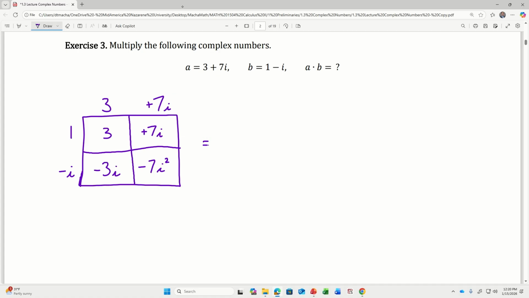And to find the total area of the rectangle, I'm going to take 3 plus 7i minus 3i minus 7i squared. Just add up those 4 smaller rectangles to get the area of the big rectangle, and that's going to be 3 plus 4i plus 7.